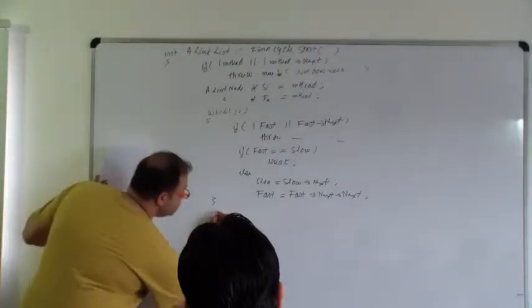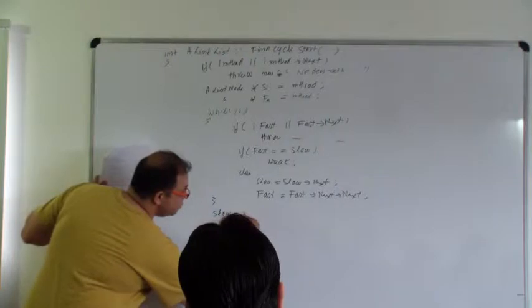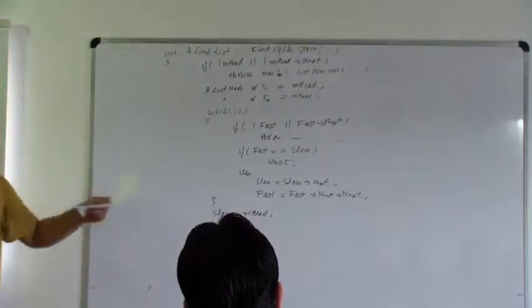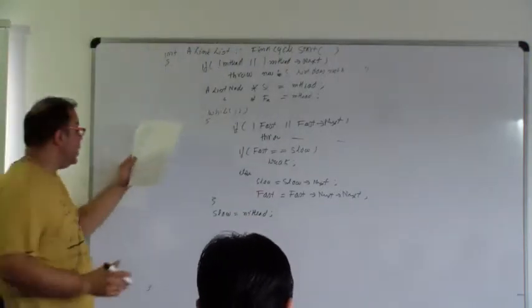At this point, both of them are pointing at the same position. Then what we will do is we'll say slow is equal to m head. So slow, we move it to the start, and that's it.